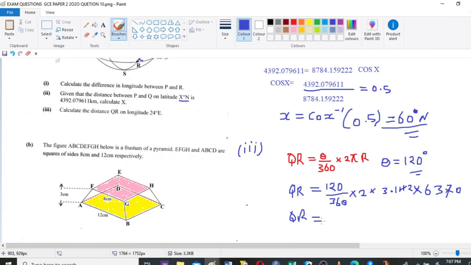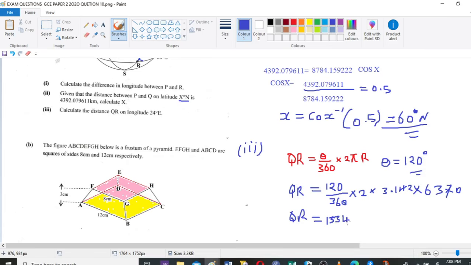and that by 6370, and you are going to get the answer. Let's hope you are getting the same one. You can just make sure you confirm on your calculator.